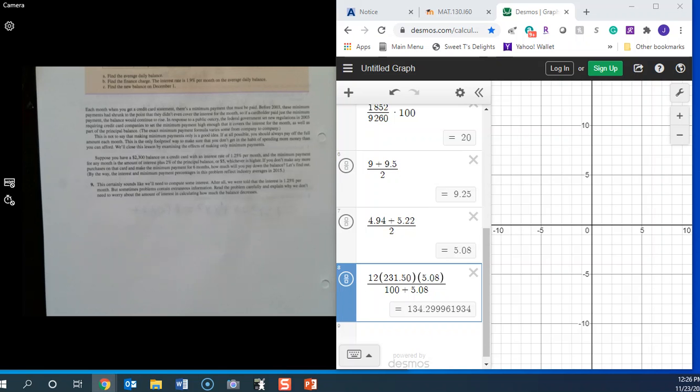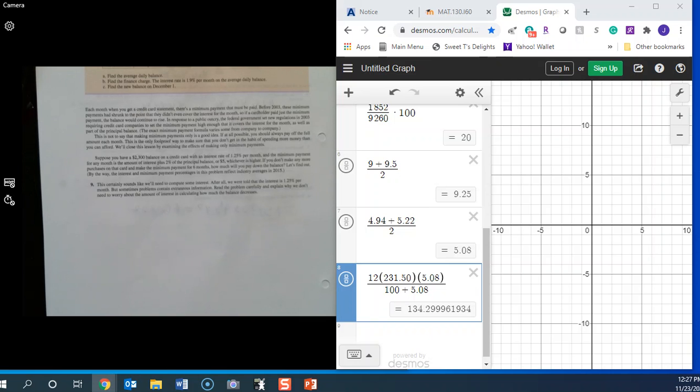If you don't make any more purchases on that card and make the minimum payment for 6 months, how much will you pay down the balance? Let's find out. By the way, the interest and minimum payment percentages in this problem reflect industry averages in 2015.